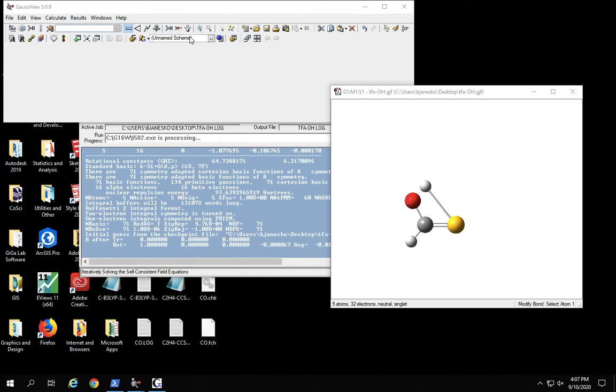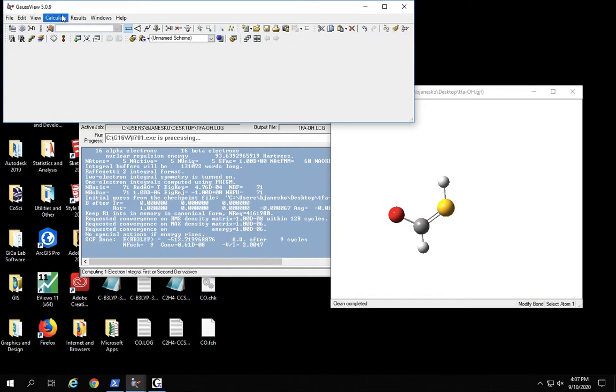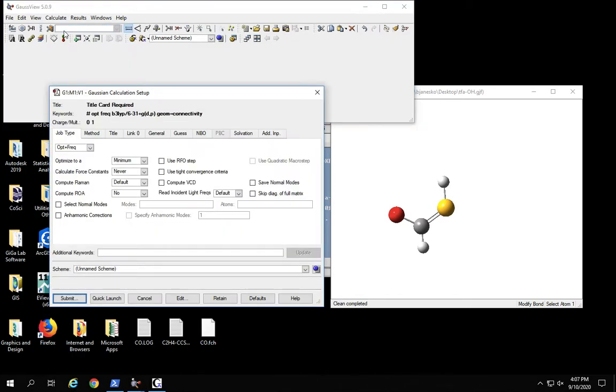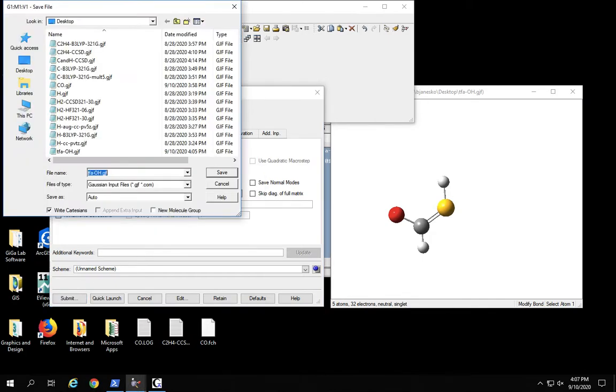Use this clean tool to pre-optimize the geometry. Do the same level of theory, same optimization and frequency, same DFT approximation, same basis set. I'm going to save this as a different file, TFASH.